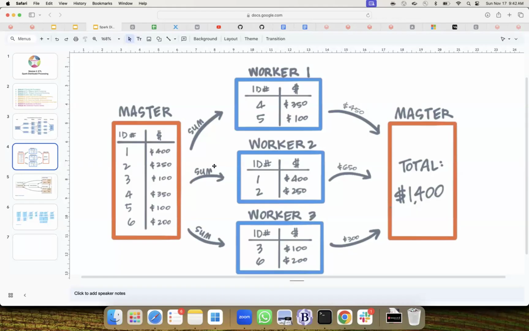The same is true whether it's a single node or multi-node. It's basically the number of threads available within one node, and the same concept applies for multiple nodes also. So basically, these are your nodes: worker 1, worker 2, worker 3.